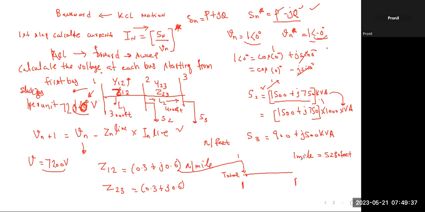Now Z12, between 1 and 2 it is connecting, so it is 3000 feet. What we need to do is multiply this 0.3 plus j0.6 with 3000. It is in feet, so we need to convert feet into miles. 1 foot would be equal to 1 divided by 5280 miles, right?